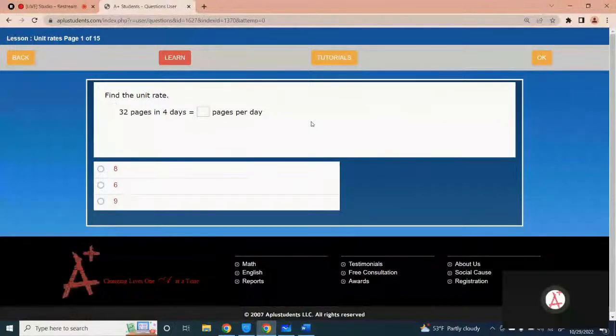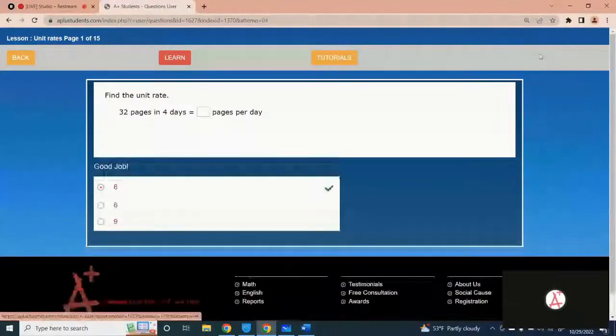Got it? So that means 8 pages per day. So select the correct option, that would be 8 pages per day, and click on the OK button.